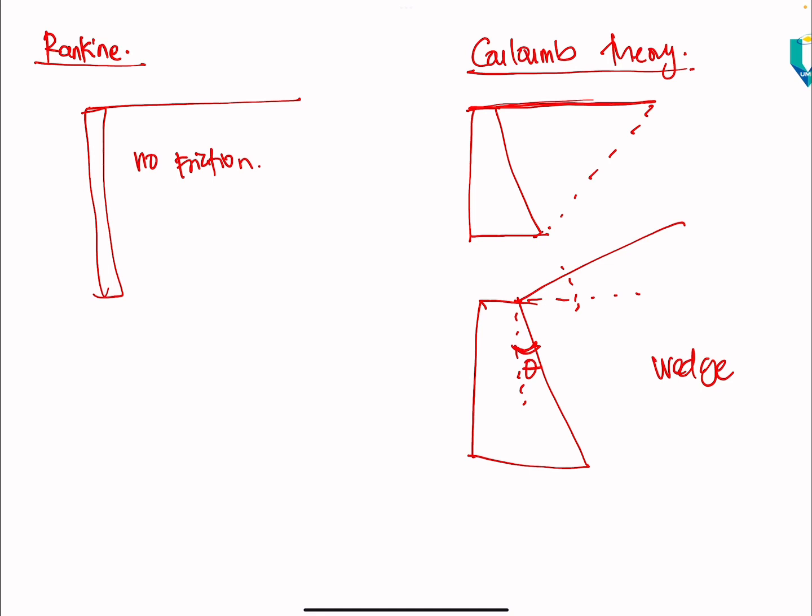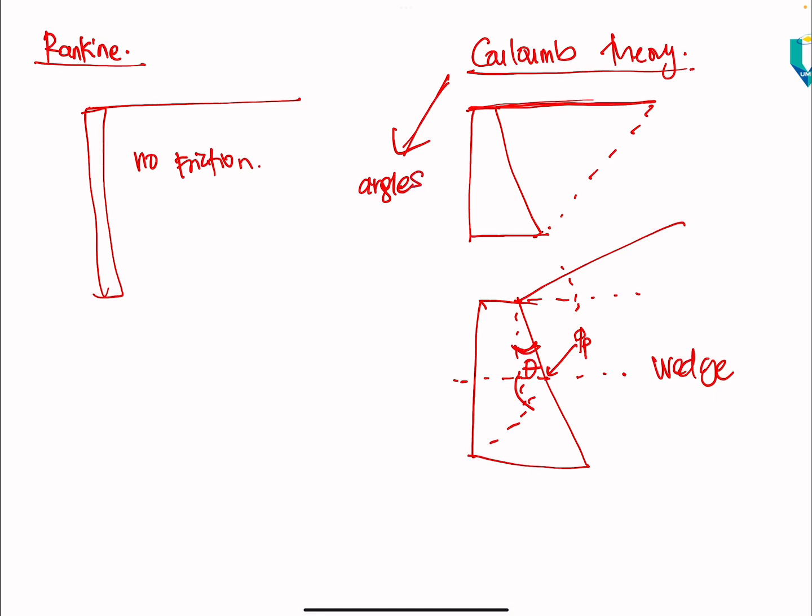In Coulomb theory as well, you will have to find the pressure acting behind the backfill. So you have another angle. In Coulomb's theory you will get a few angles, akan ada beberapa sudut.